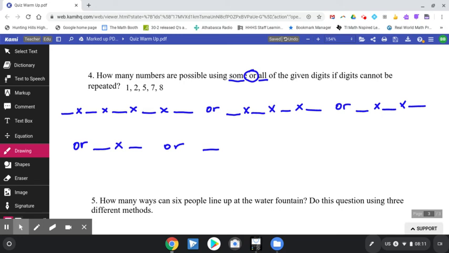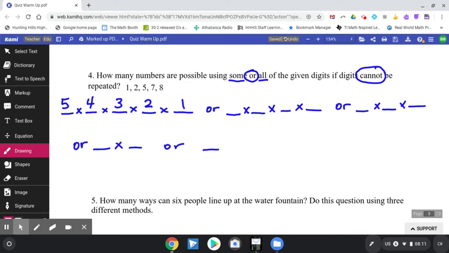So let's take a look at the first scenario. What if we used all of the numbers? Now remember that digits cannot be repeated. So I go to pick my first digit. There's 5 available. Then 4, 3, 2, 1. Okay, now if I'm only using 4 digits, it starts the same way.